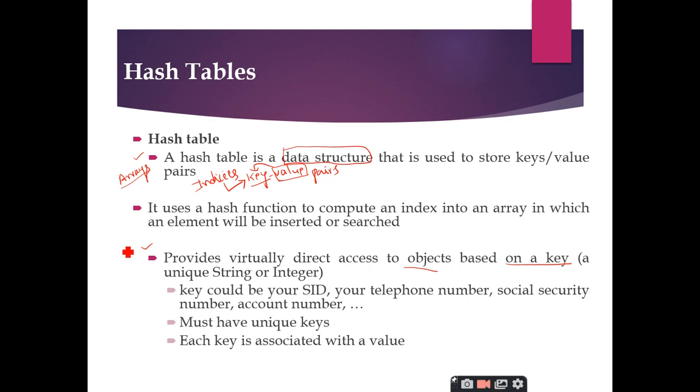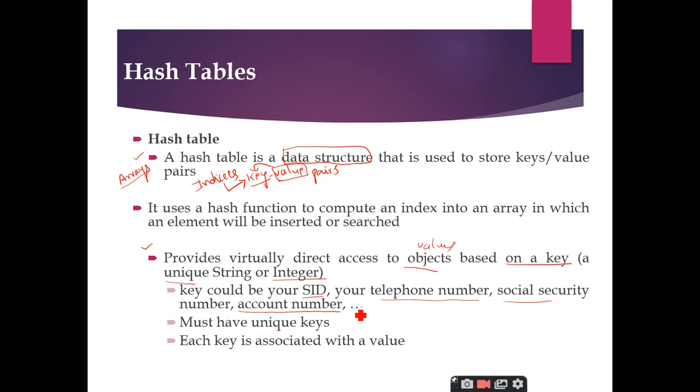This we have discussed in the earlier class also, right? So this particular hash table provides the direct access to objects, which are nothing but values, based on a key, right? This key can be a unique integer. You can make use of the SID, social identity number, or in India we call it the Aadhaar number. You can make use of a telephone number, which is also unique, and SSN, social security number, right? And you can use a bank account number.